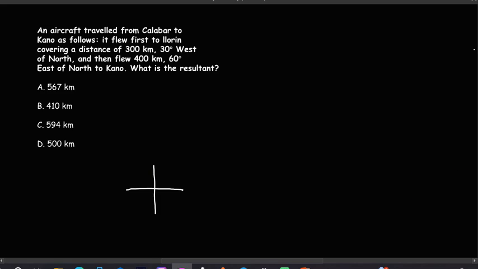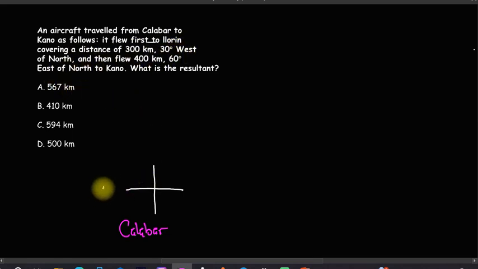So let's just call this Calabar. From Calabar we want to get to Kano, but first we flew to Ilorin, covering a distance of 300 kilometers, 30 degrees west of north.